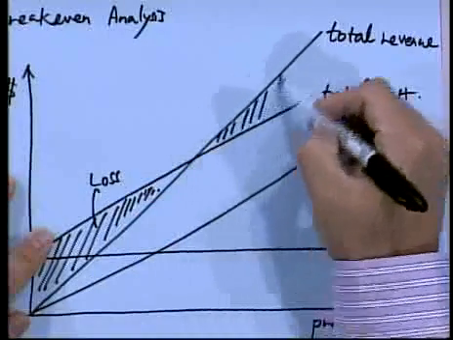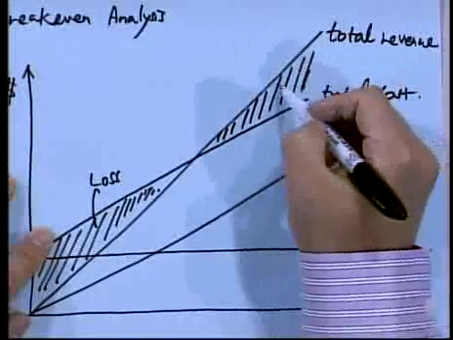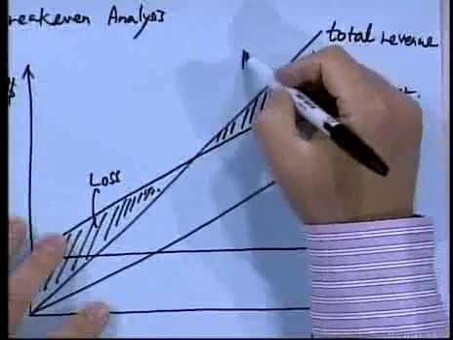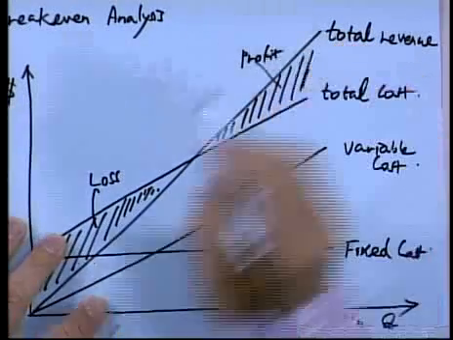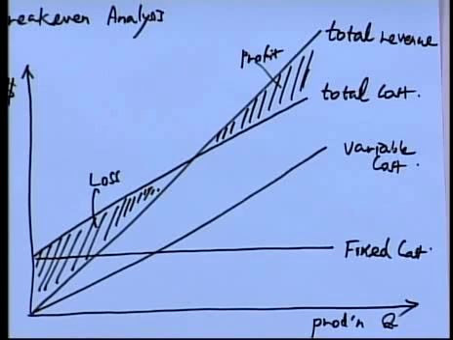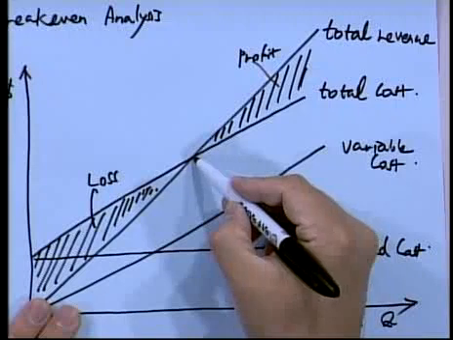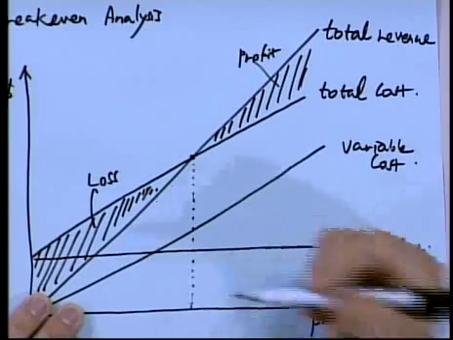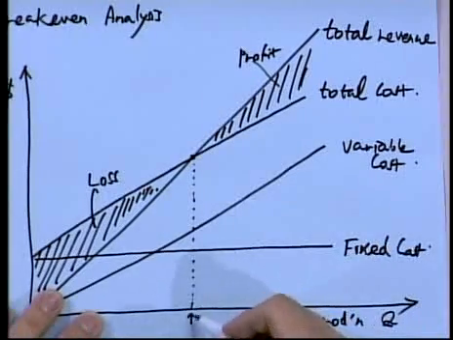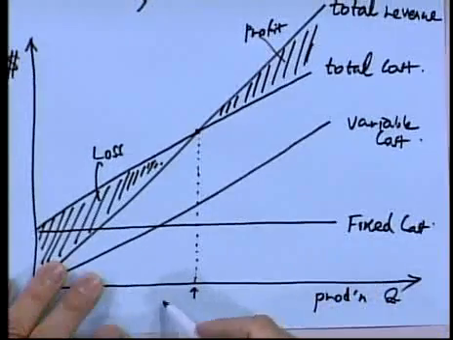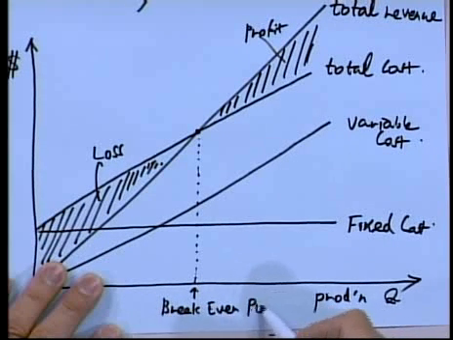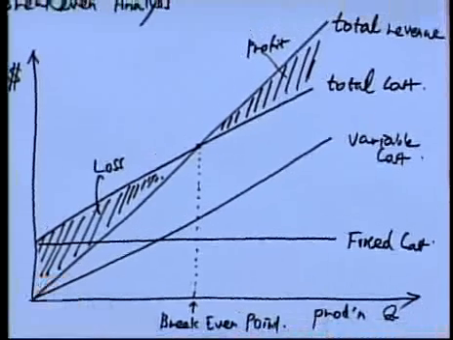And this area is the profit region. Okay? Then where do we have a break-even point? Right here. So we have right here the break-even point. Okay?